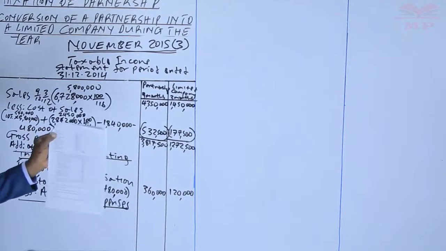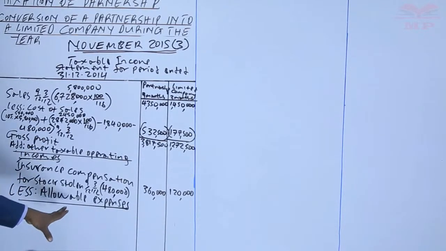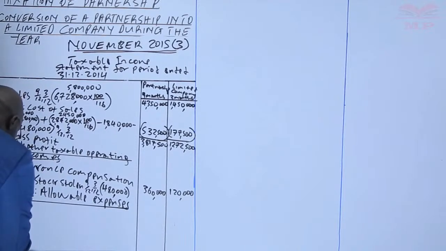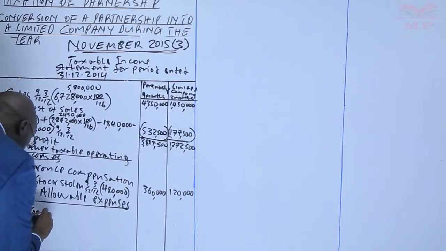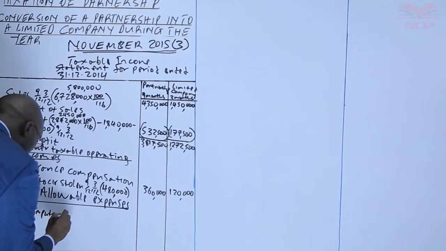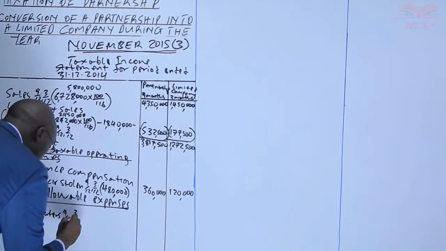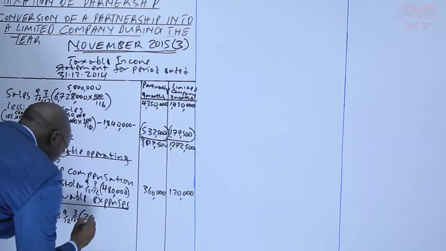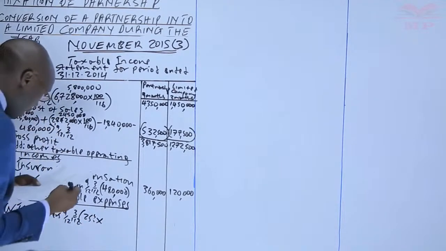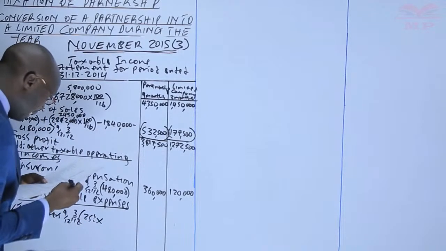What we allow for computer is the wear and tear. And because here we are looking at allowable expense now, wear and tear should be deducted. So wear and tear on computers, we take 9 over 12, 3 over 12 of 25% of 130, 180.